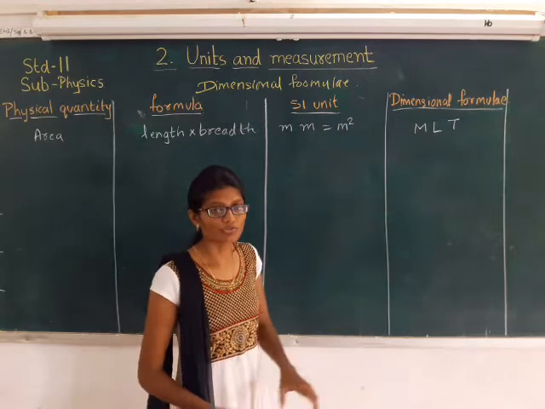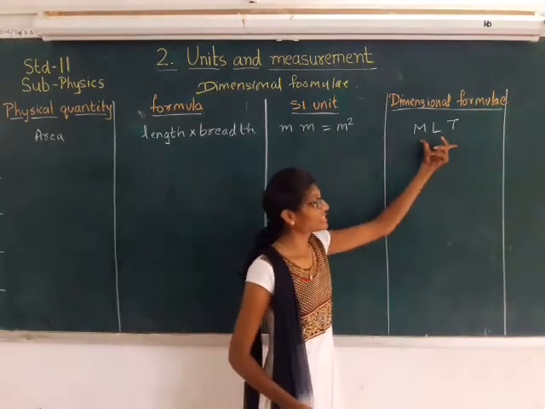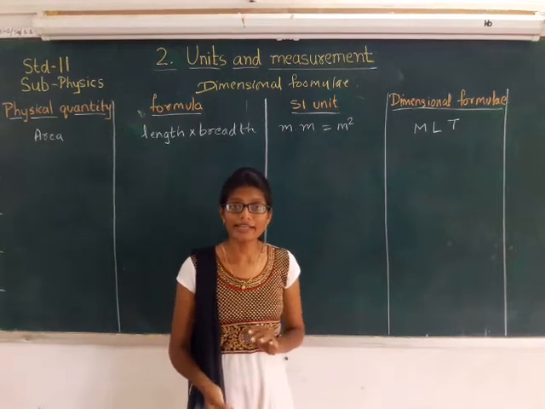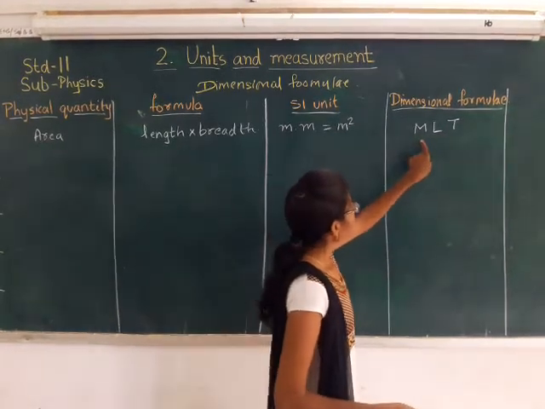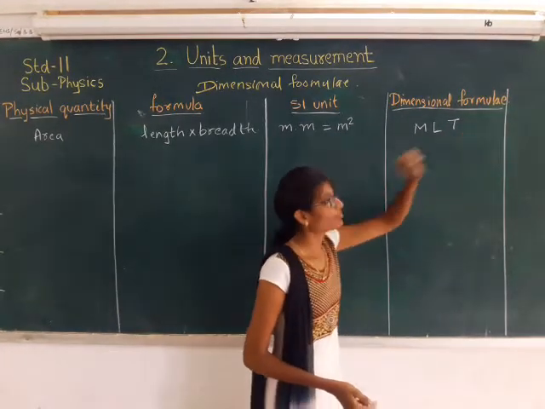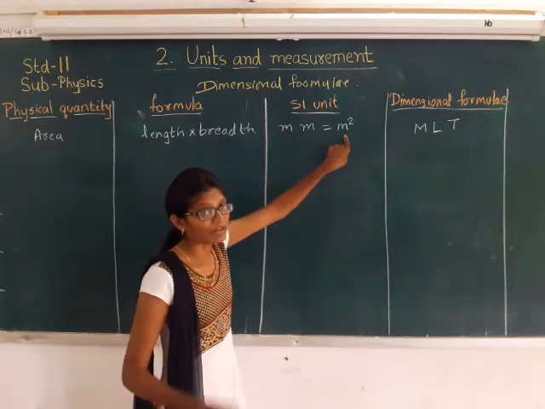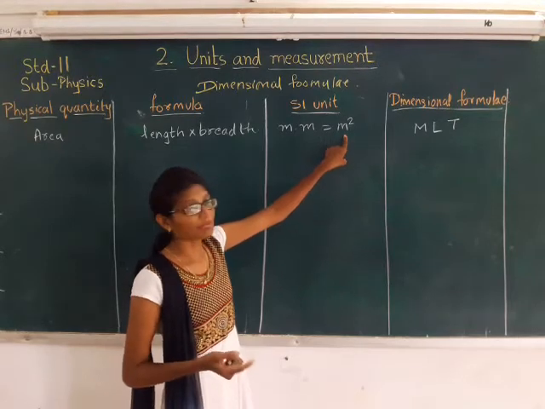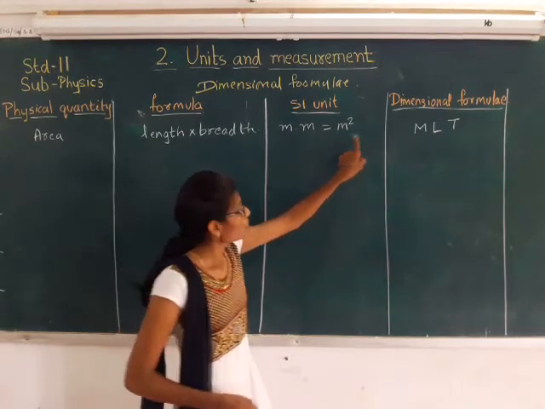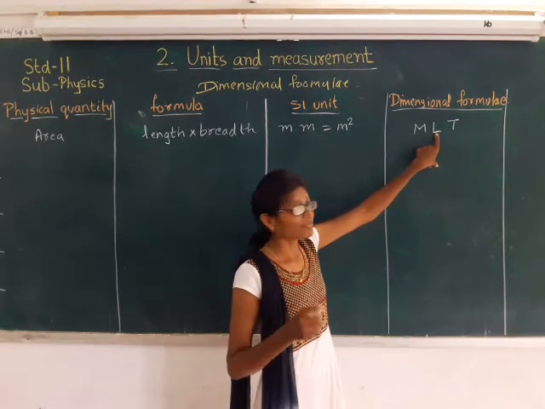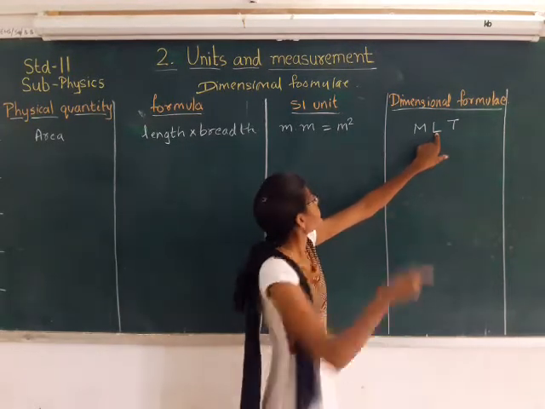But for most physical quantities we use these three fundamental quantities, that is the mass, length and time, right? So let us first write mass, length and time. Over here you can see we have the unit meter, which is nothing but the unit for length. So here we got the fundamental physical quantity, length.